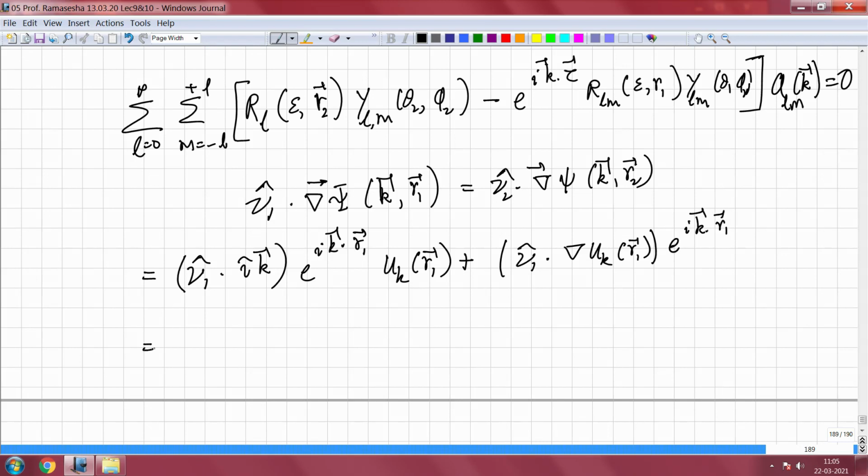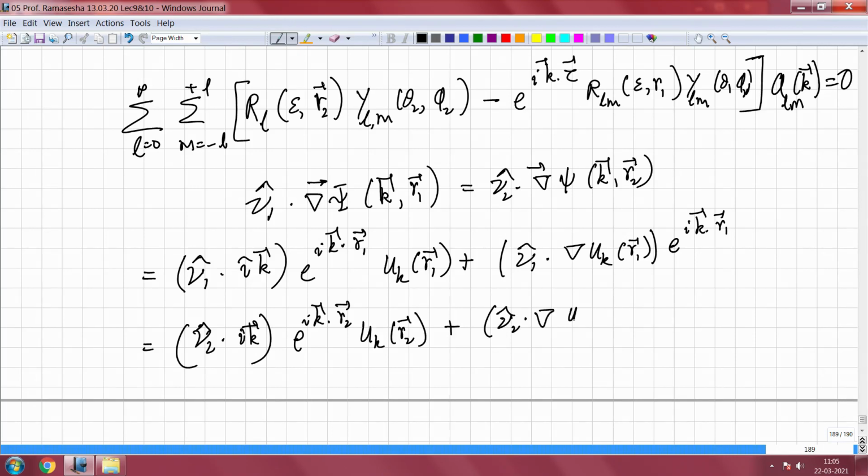This should be equal to, the condition is that this should be equal to nu 2 dot i k times e to the i k dot r2 u k r2 plus nu 2 dot grad u k r1, r2 rather, e to the i k dot r2.